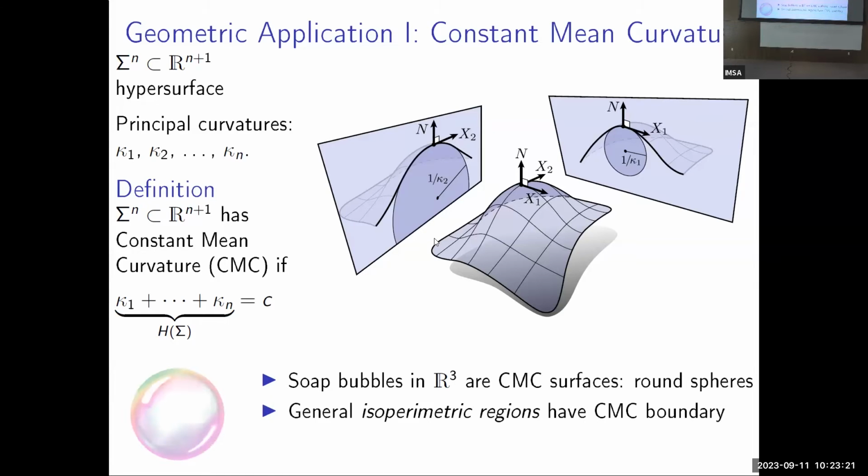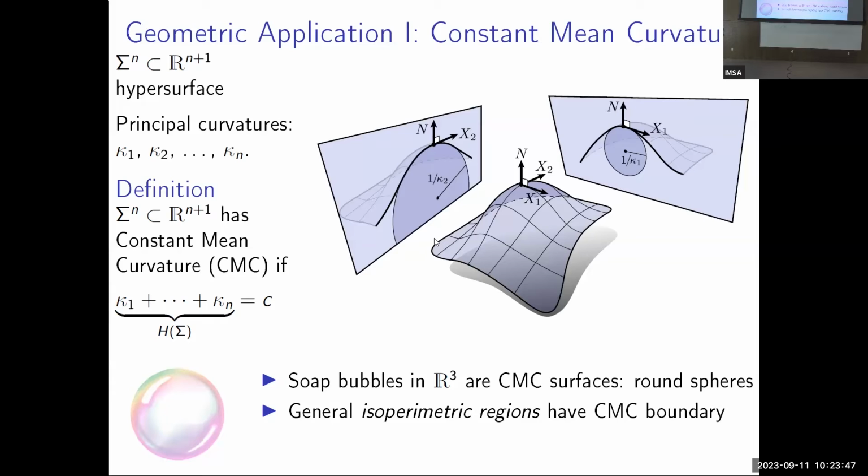This is strictly related to another very important problem in geometry, the isoperimetric problem. In R3, the isoperimetric regions, that is, the regions that minimize the area among all the surfaces that enclose a fixed volume, are spheres, and they're the only CMC surfaces.